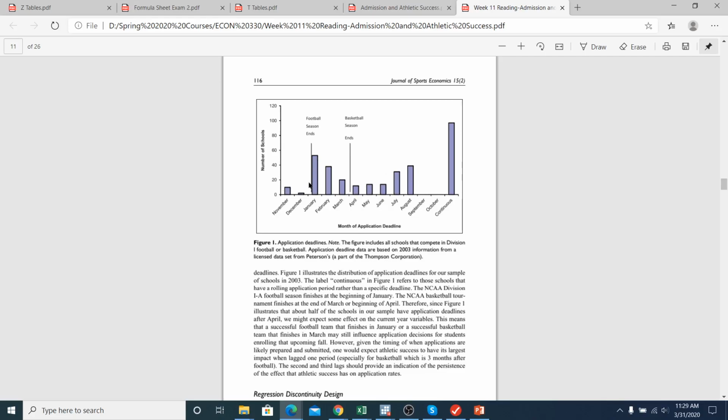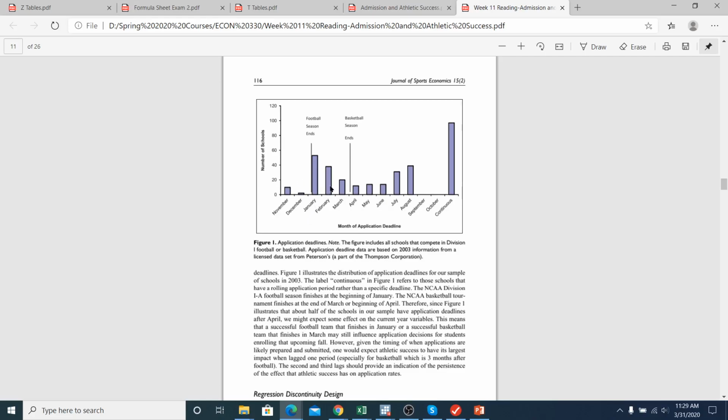But if they took it earlier, then potentially it's the prior year's basketball success. Football season ends here, so that might be a little bit better. Maybe the current year is the better measure for seeing if football success this year leads to higher SAT scores in the fall. But basketball might have to be lagged because there's a large number of SAT scores being sent potentially here.